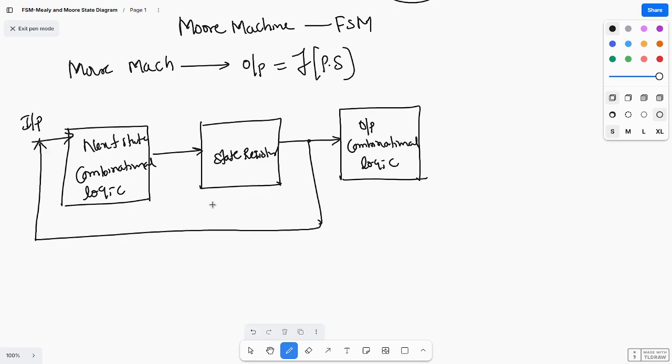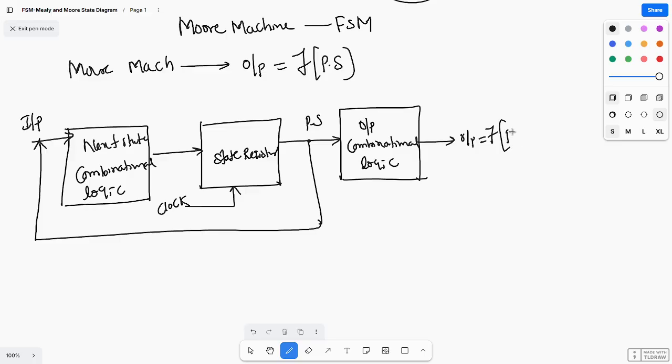There is a clock to the state register. This is the clock, so here you are getting the present state. There is no relationship between input and output for the Moore machine. So the output is a function of what?